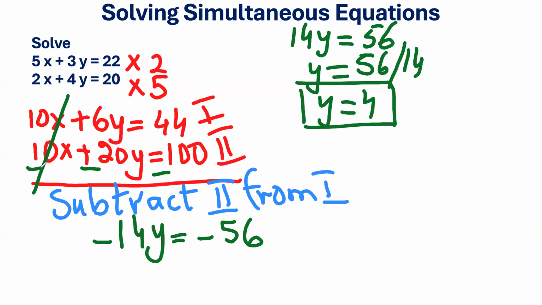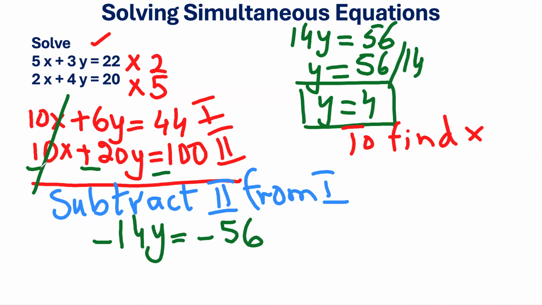Next step is to find x. So let's find x now. How to find x? Substitute the value of y in any one of equation 1 or equation 2, given in the question.